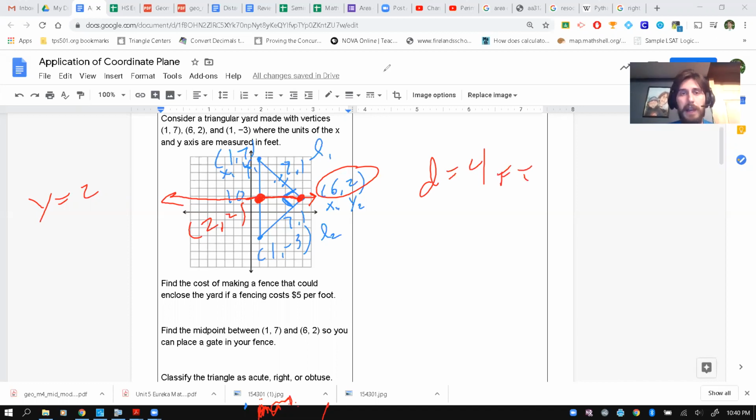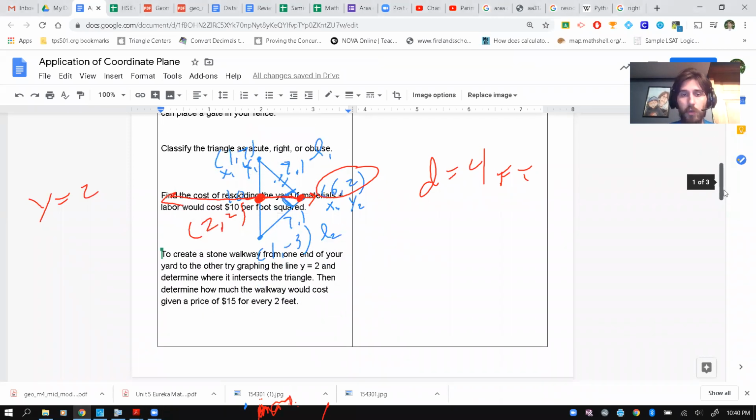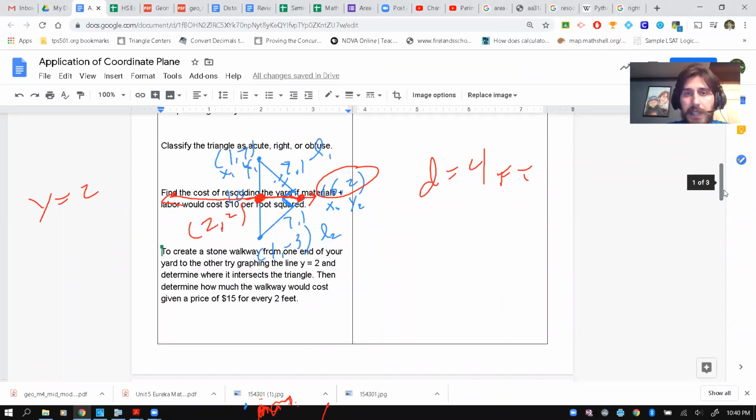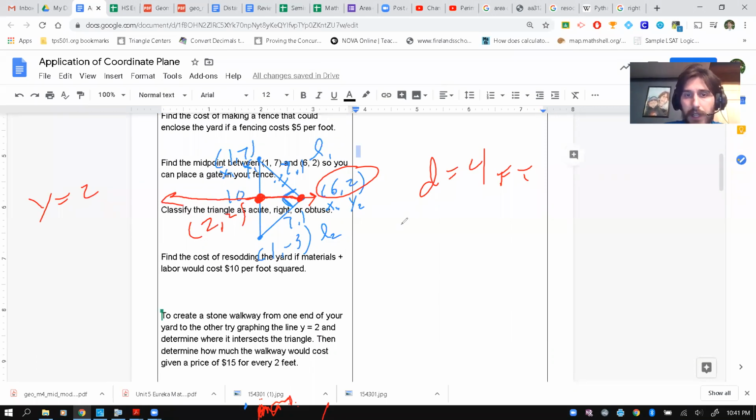So if I'm asked to find the cost of putting in that stone walkway, if it costs 15 for every 2 feet, then the fraction here, 15 per 2, might scare you, but really it's the same thing as we did for these two when we're finding the cost. The cost is simply going to be 15 over 2 times 4.